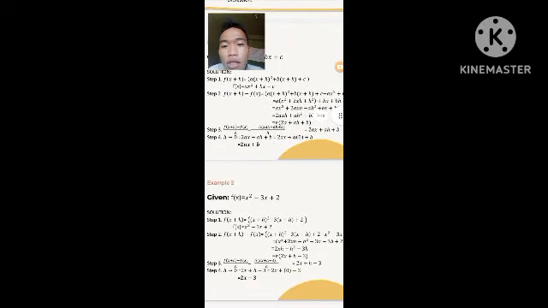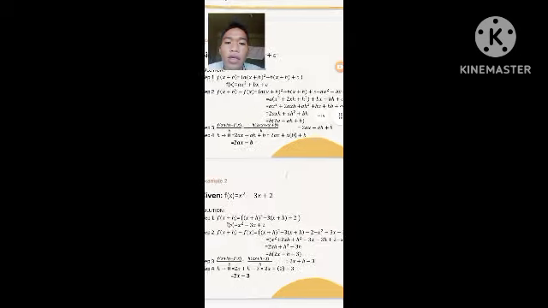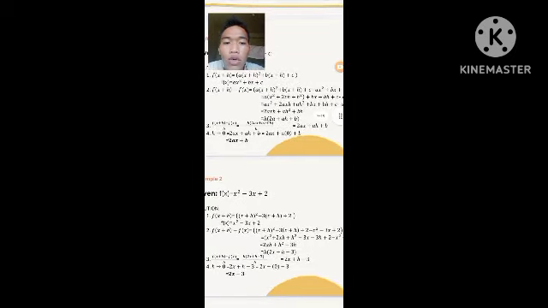So in step 3, f of x plus h minus f of x over h equals the answer of step 2. So we have h times (2ax plus ah plus b) over h. Cancel out the h outside of the parentheses, so we have only 2ax plus ah plus b.